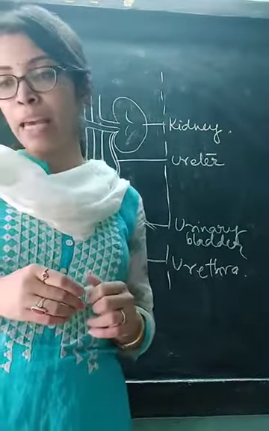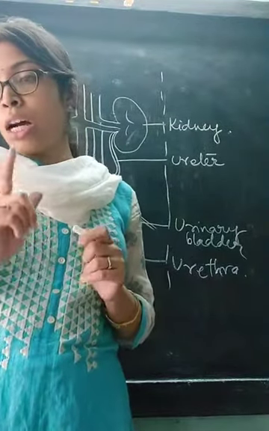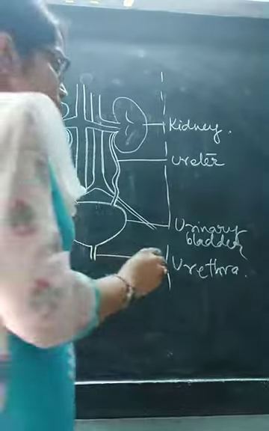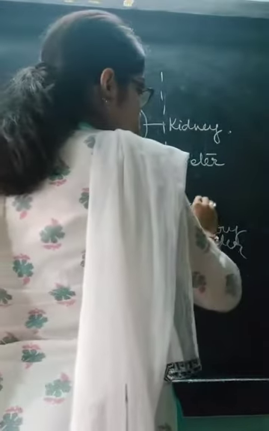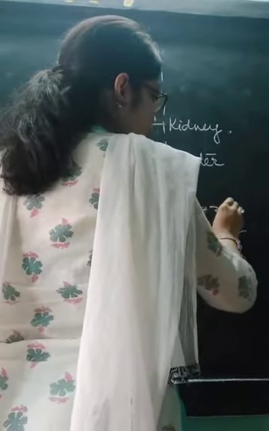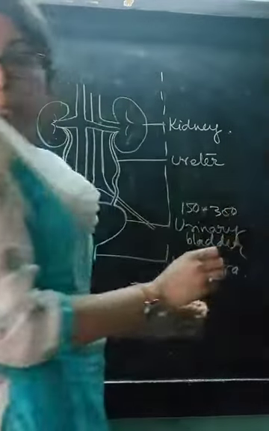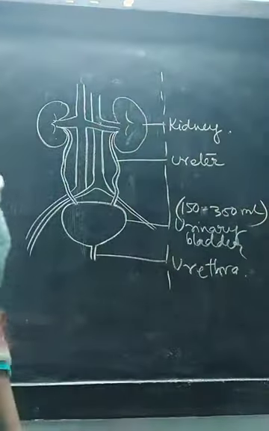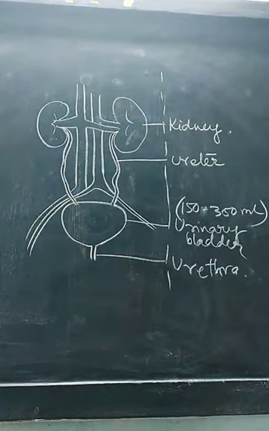In an adult male, the average capacity of the urinary bladder varies from 150 to 300 milliliters. It can hold up to 150 to 300 milliliters of urine.